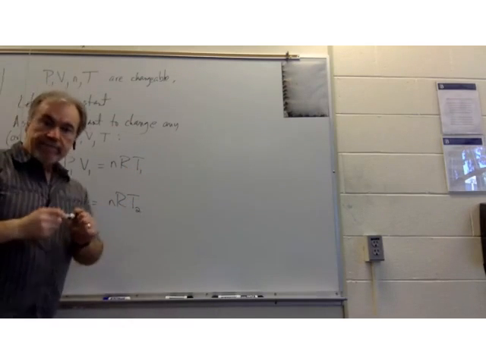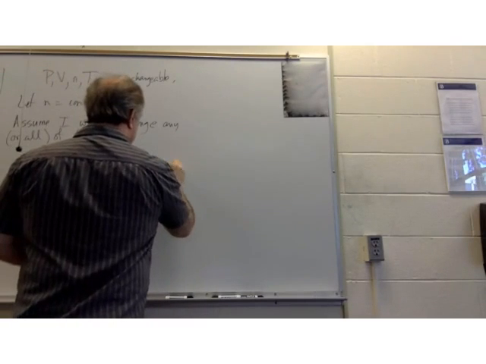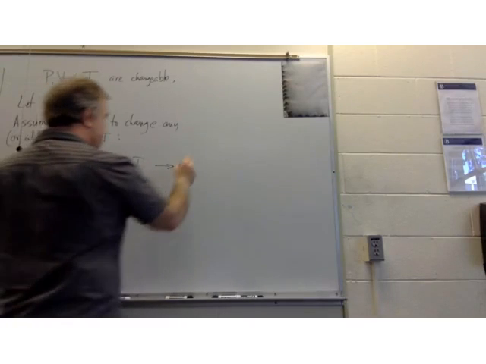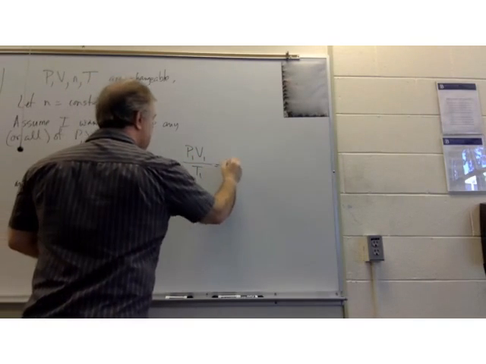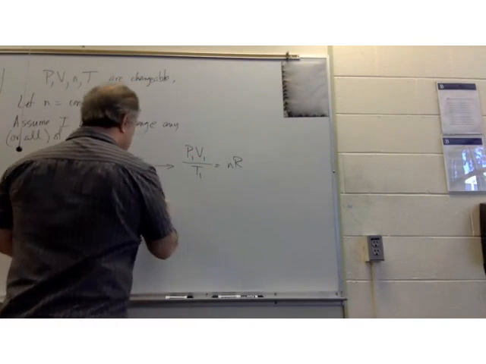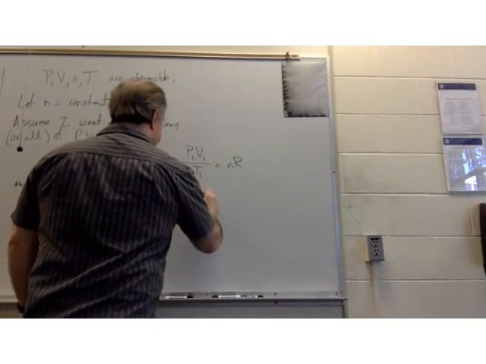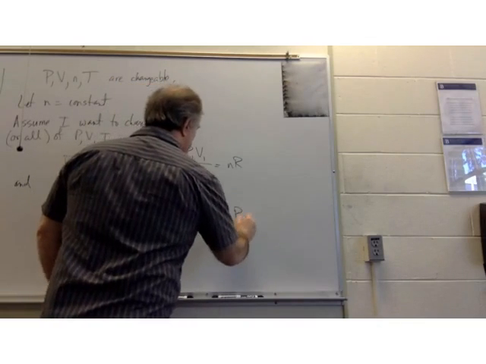And now I'm going to be clever. I'm going to divide this top equation on both sides by T1. So P1V1 over T1 is equal to N times R. Same thing for the second equation: P2V2 over T2 is equal to NR.